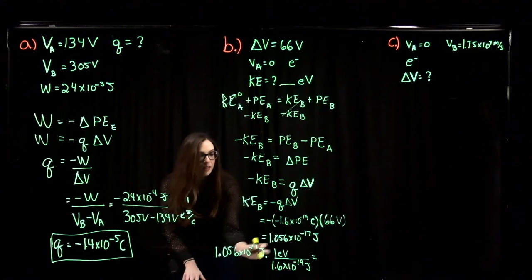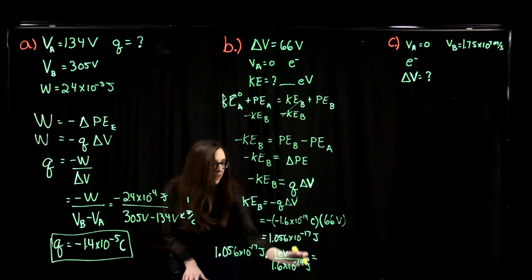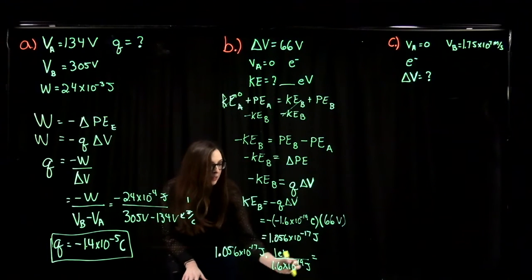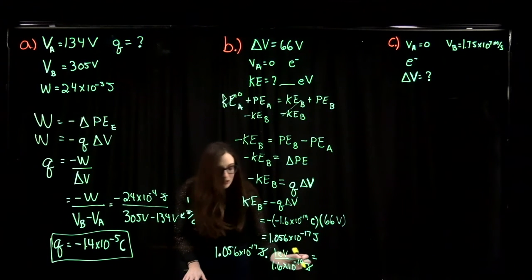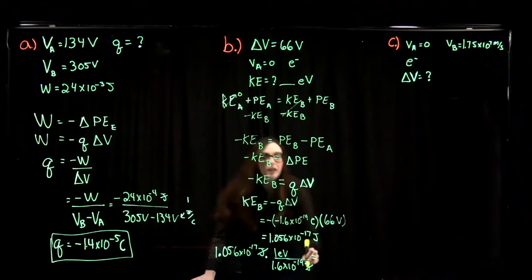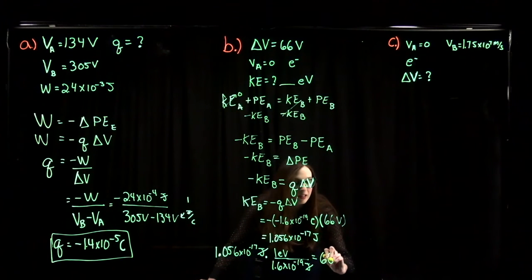So we're taking this number essentially and dividing it by 1.6 times 10 to the minus 19 joules. Joules cancel, and that gives me a kinetic energy of 66 electron volts.